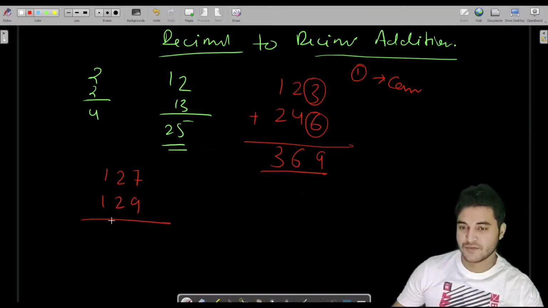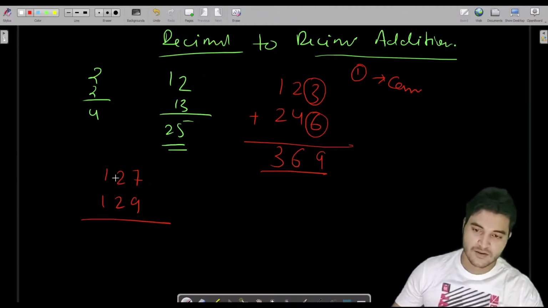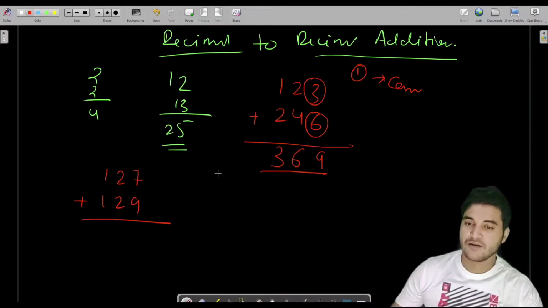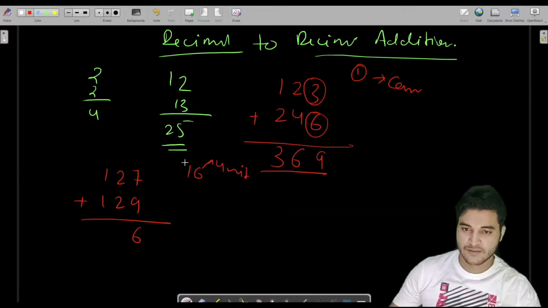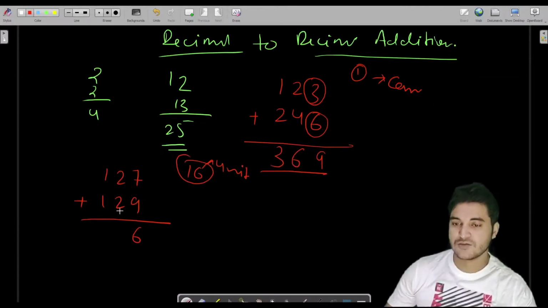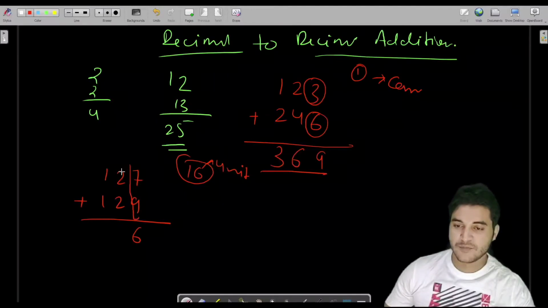129. Fine. So if you add these two numbers, how do we add these? 7 plus 9, 16. So we got 16, and what would we write here? We would write 6 here, which is the unit place of this one. This is the result for adding only the last two digits.